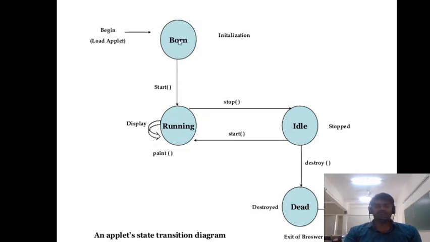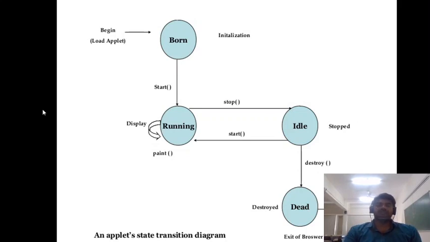This born state is nothing but the initialization state, or init state. When you load the applet, initially it is in the born state. Once you call the start method on any newly born applet, the applet will move from the born state to the running state. It means that the applet code is now currently running.